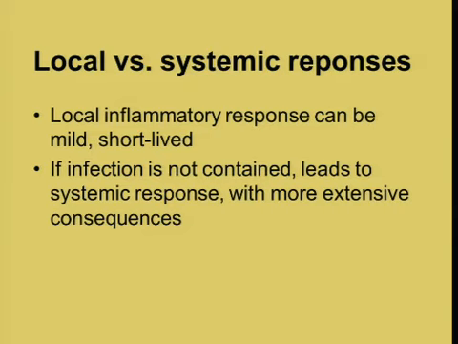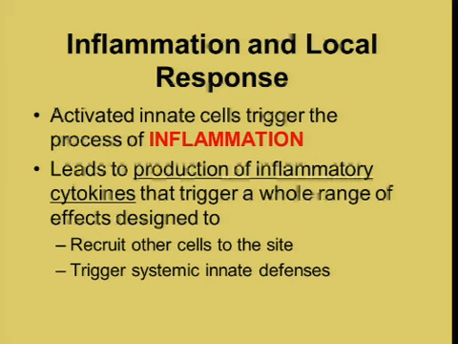Sometimes there is such a great release of certain cytokines, for instance TNF, that you can actually get into septic shock syndrome, or things like that. Okay, so usually the tie between localized and systemic involves the production of various different cytokines.